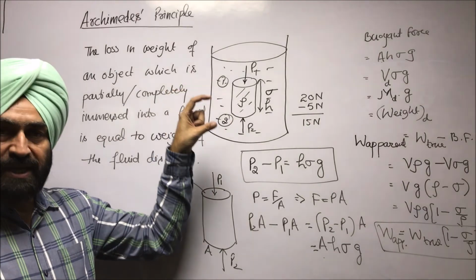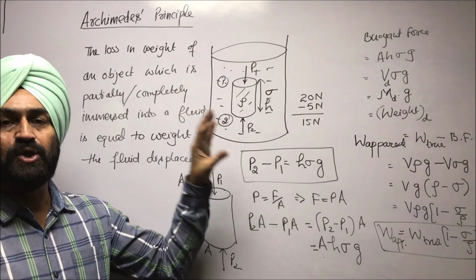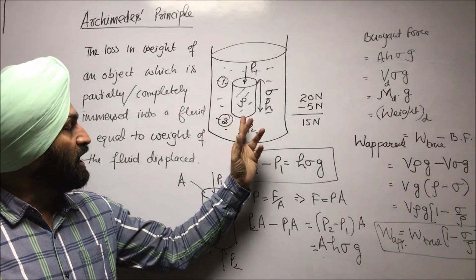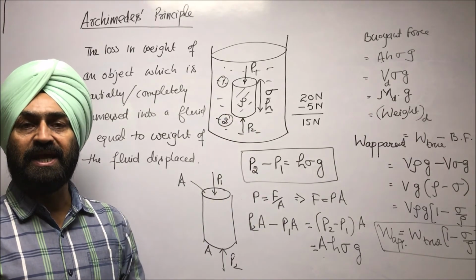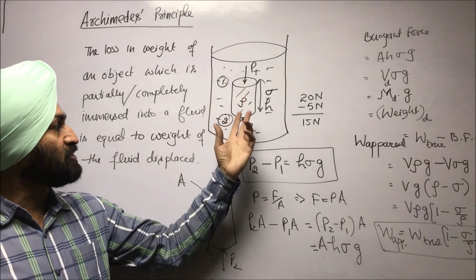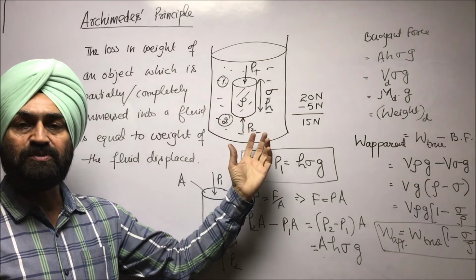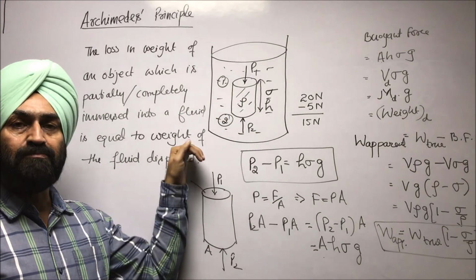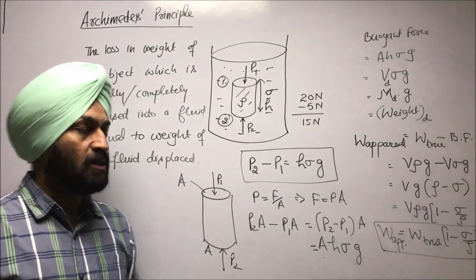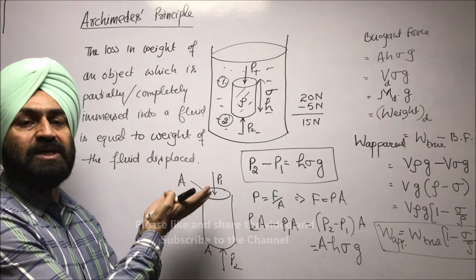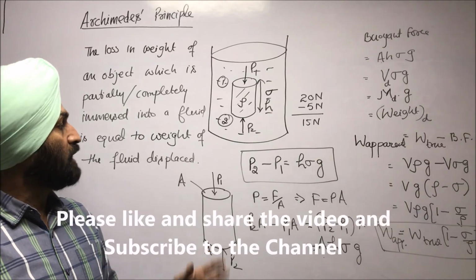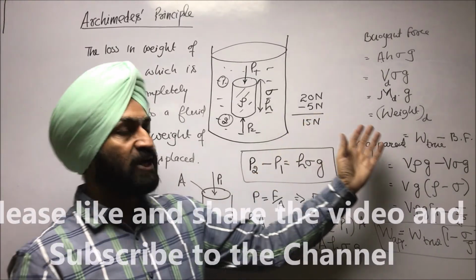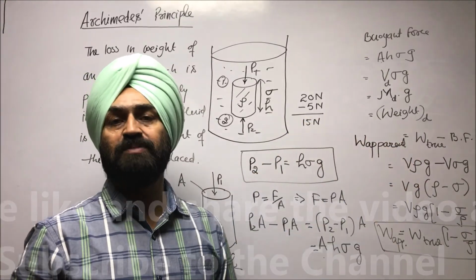When an object is placed inside a fluid, liquid or gas, there are some forces acting in vertical direction, because of difference of pressure, as pressure increases with depth. So this force, that is P2 into area, is more, and P1 into area is smaller, which results in an upthrust, a buoyant force, which is equal to weight of the liquid displaced.